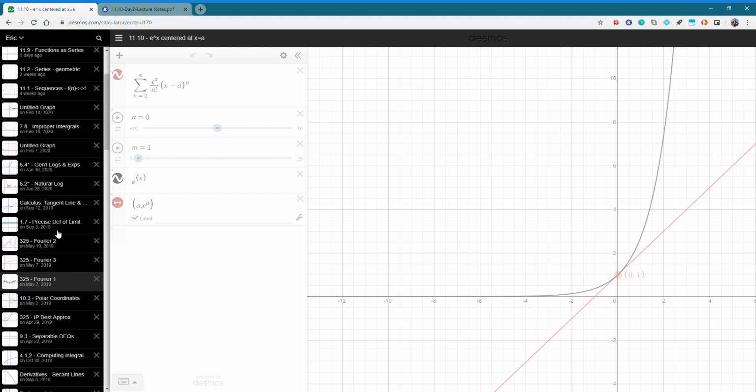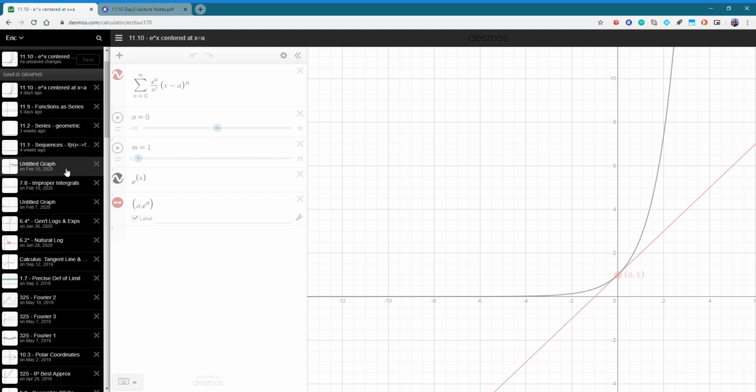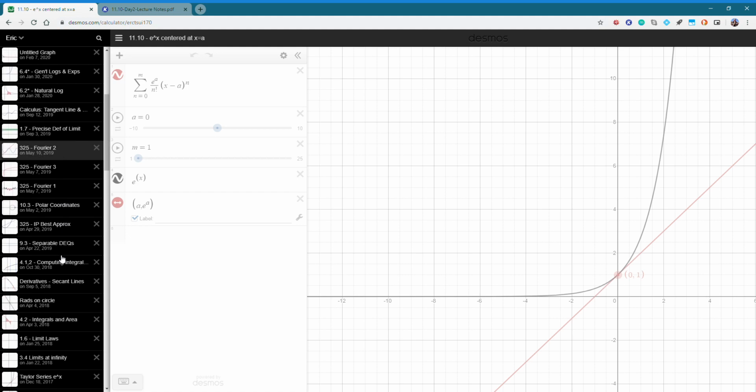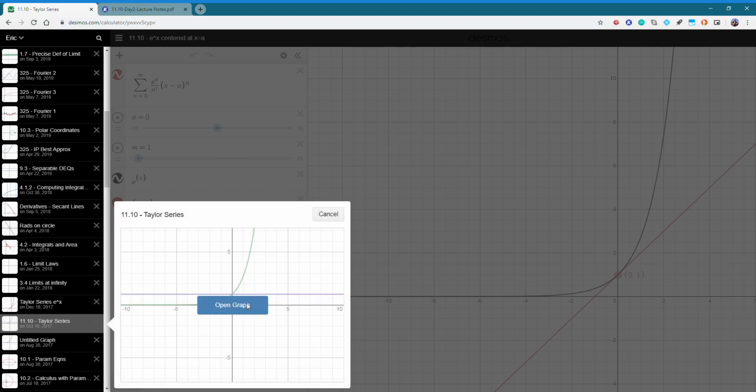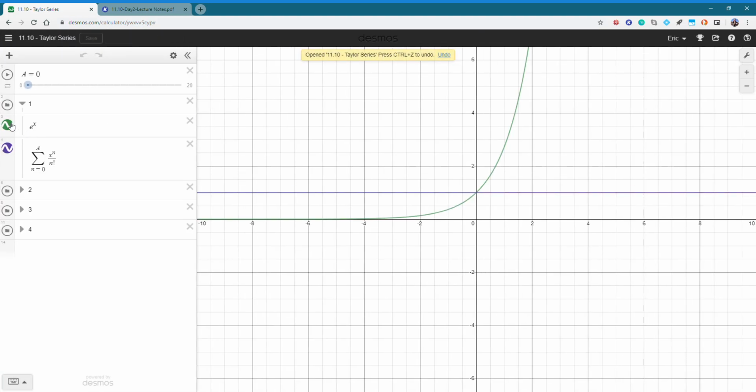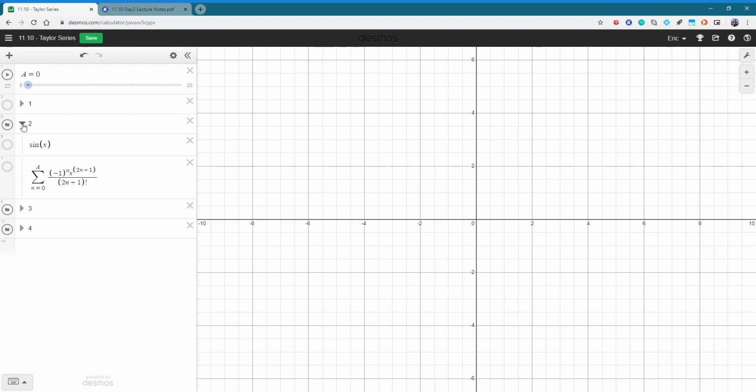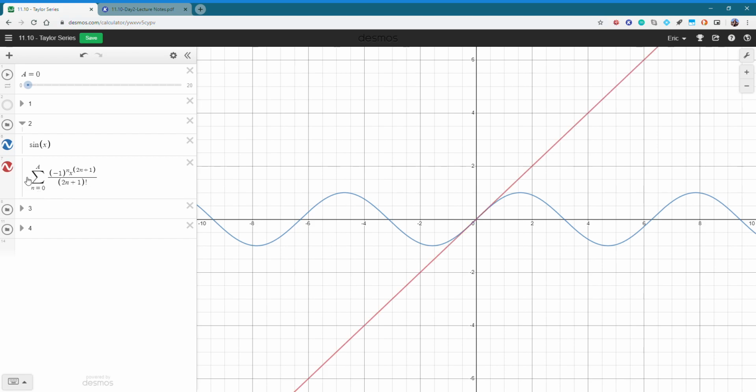Stand by. Where is it? I just had it, there it is. So there's our e to the x one again. Let me close that. So sine of x, here is the general term that we found.